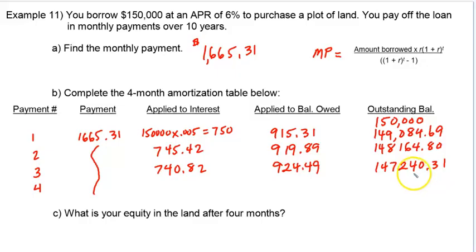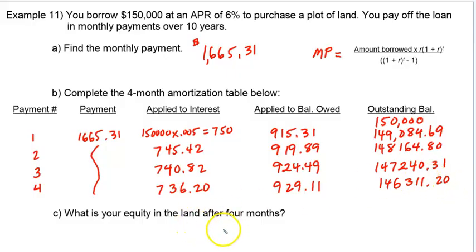So now 147,240.31 gets multiplied by 0.005. And you can tell the amount that's going to interest is going down. The amount that's going to principal is going up, which is typical. You pay interest more in the beginning, less as you get closer to the end. So this number is 146,311.20.